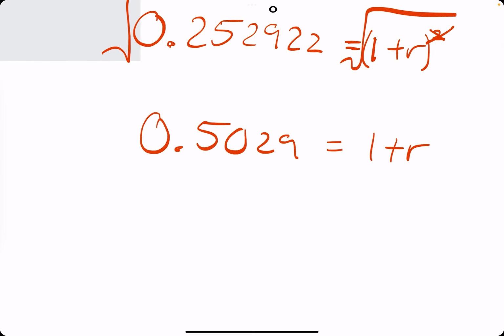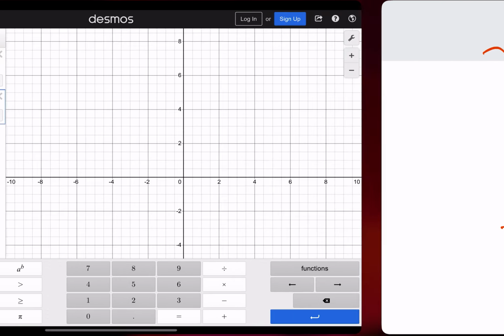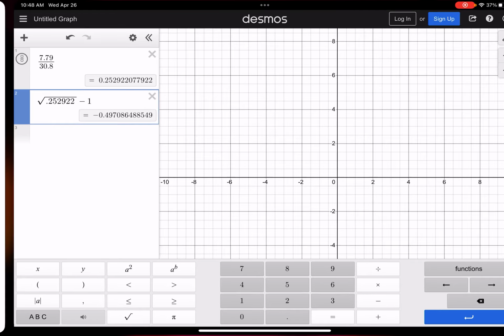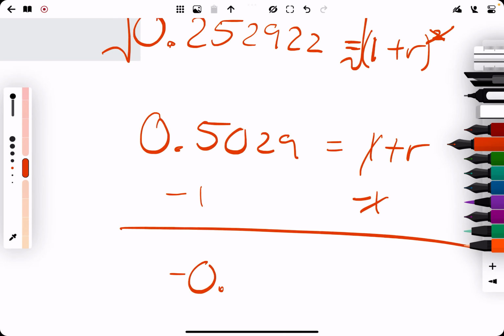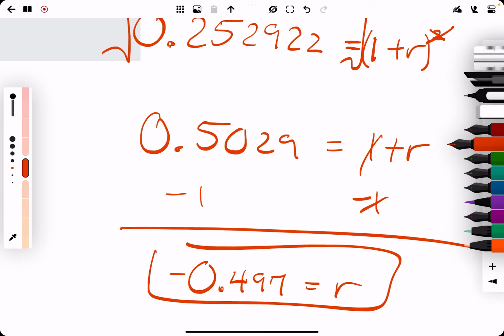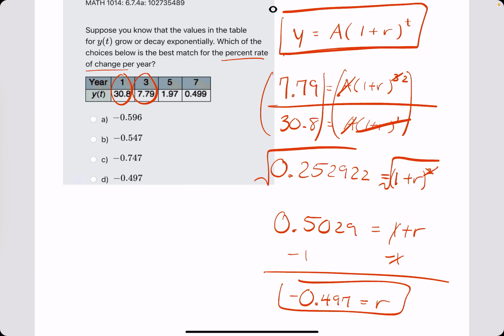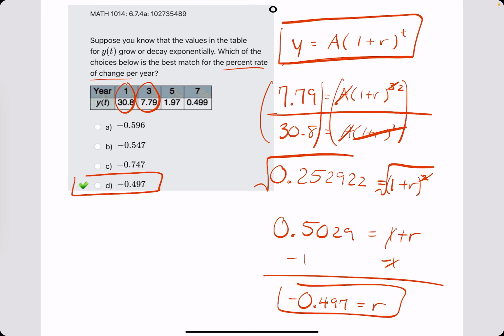And to get r by itself, we just subtract 1. So this minus 1 gives us negative 0.497. That is our r value, so that is our percent rate of change per year. The r value describes the rate of change of those values per year. So once we find that, we are done.